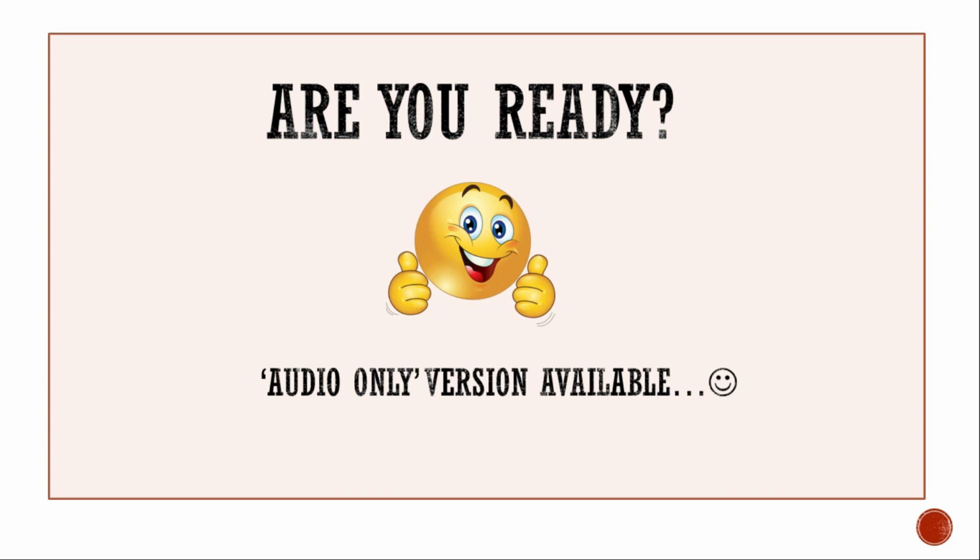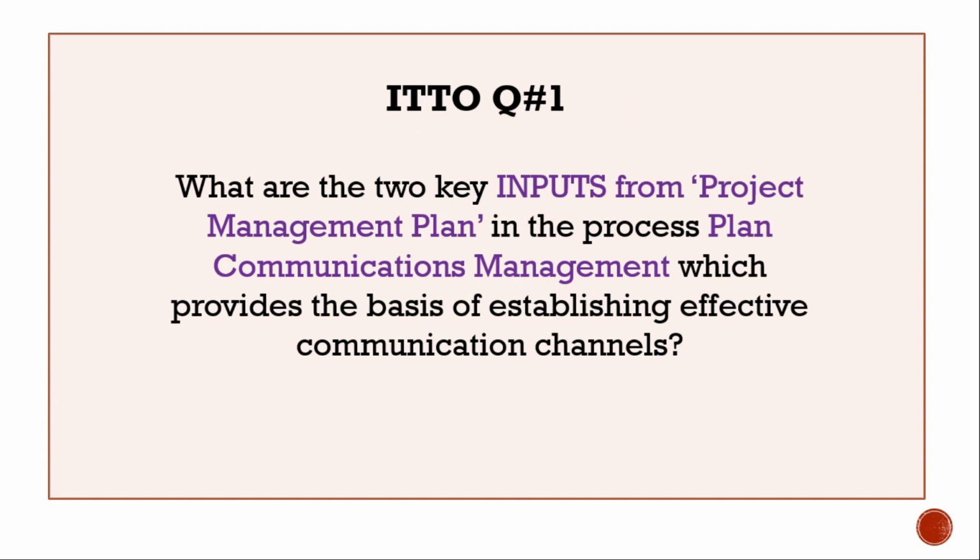So let's move on to question number 1 from the topic of ITTOs of communications management. Question number 1. What are the two key inputs from project management plan in the process plan communications management, which provides the basis of establishing effective communication channels?